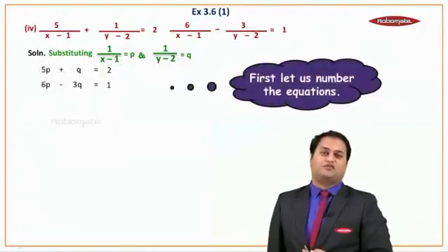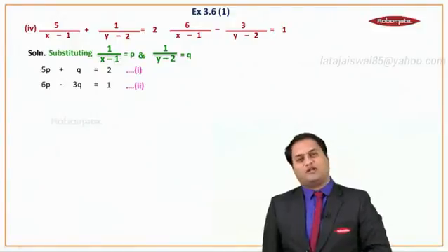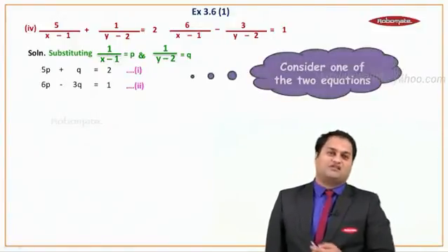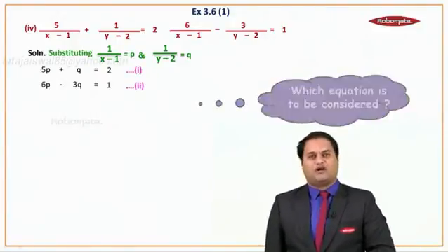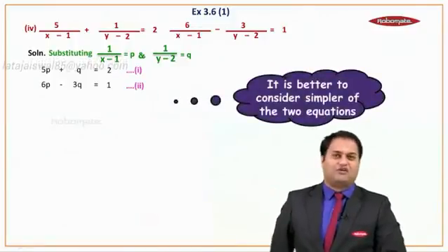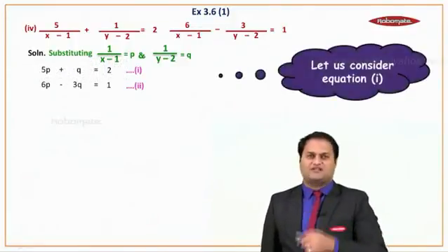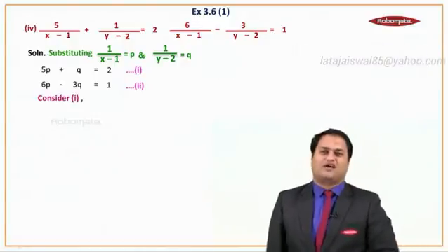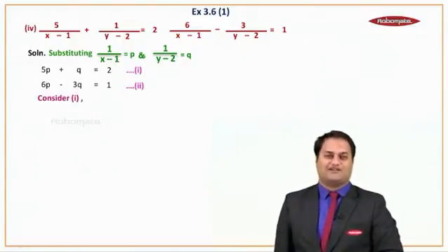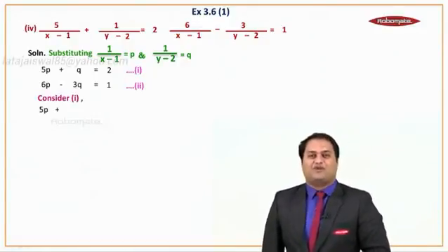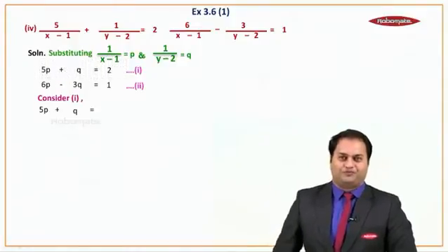In substitution method, first we number the equations as equation 1 and equation 2. Then we consider one of the two equations. Which one to be considered? Either of the two, whichever you find is simple. Let's consider equation number 1 here. That looks a bit simple as compared to the other, right? So 5p plus q is equal to 2.